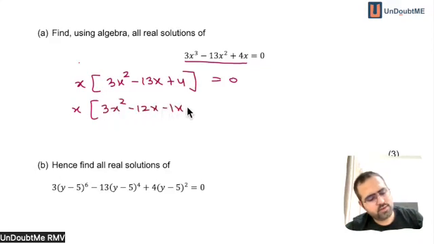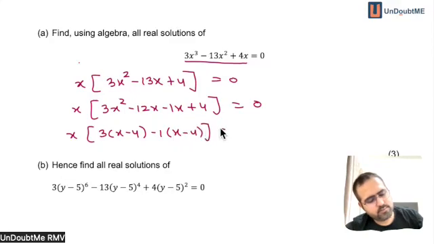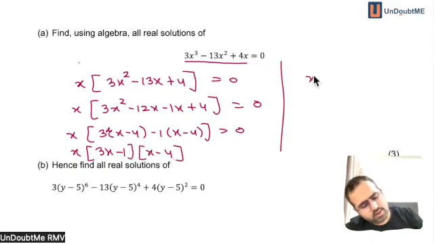Minus 12x minus 1x plus 4. Then x(3x minus 4) minus 1(x minus 4). So x(3x minus 1)(x minus 4). That will give me x is equal to 0, 1 by 3, and 4.